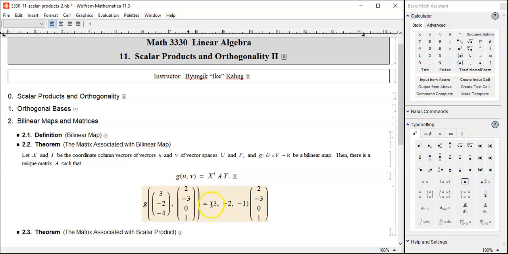But then again, this matrix multiplication, this 3-dimensional row vector times a 4-dimensional column vector, that's not well defined. We need something in between.